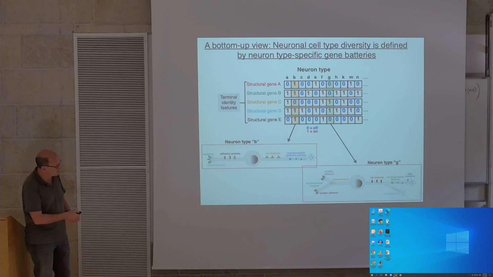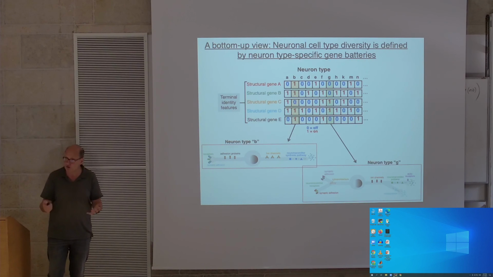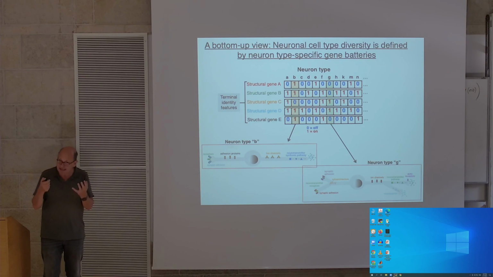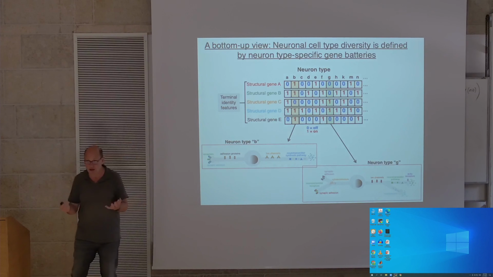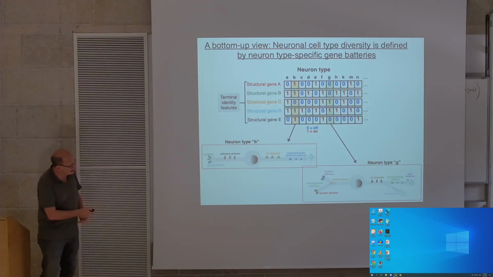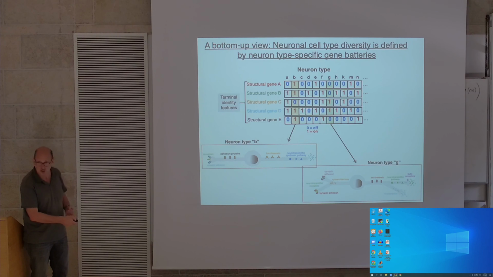Neurons are different from one another because they express different sets of, let's say, ion channels, different neurotransmitters, different neuropeptides, different neuropeptide receptors. So essentially, if you want to really conceptualize neuronal cell type diversity, we're essentially talking about a gene regulatory problem. We're talking about the problem of how distinct cell types turn on different sets of genes.